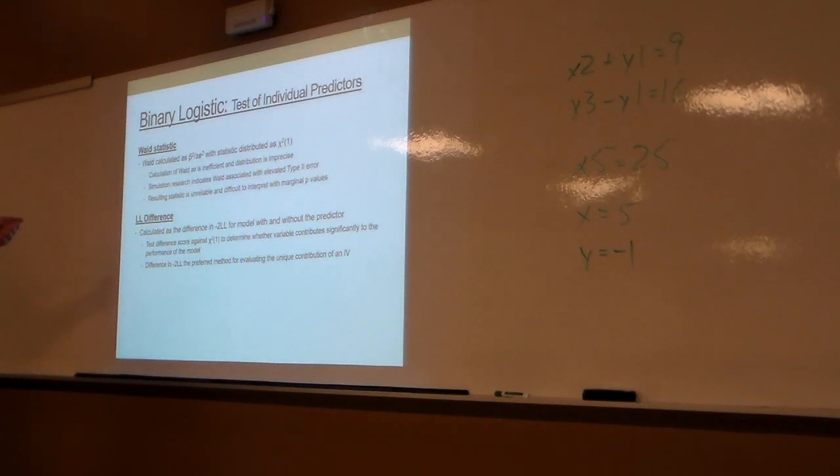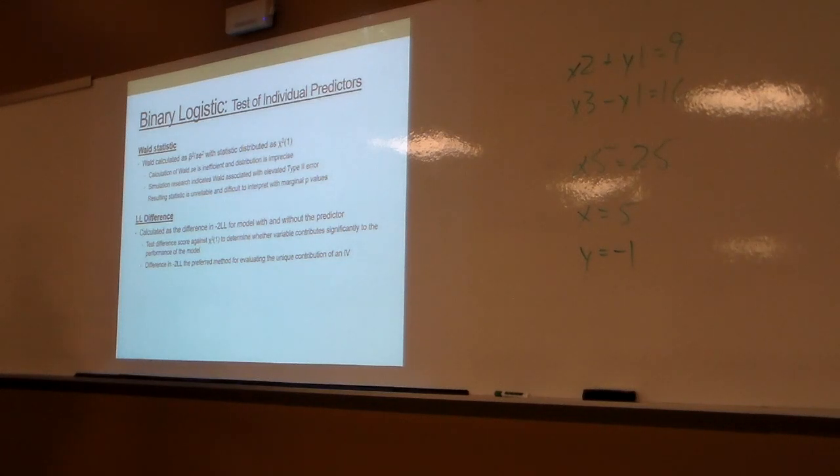So what we would do in this situation is calculate the negative 2 log likelihood of the full model that has the predictor of interest, and then test that model fit against the negative 2 log likelihood value of a model that doesn't include that predictor. The model without the predictor of interest is a nested model.